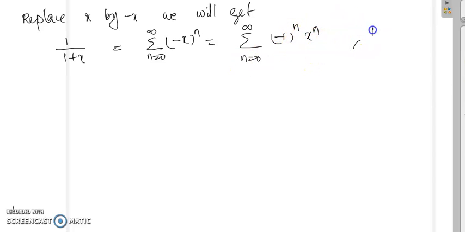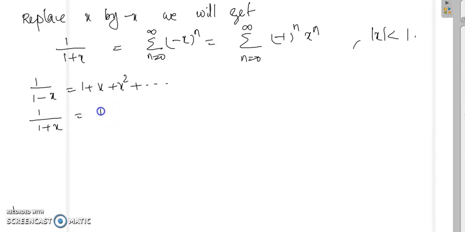Similarly, this also will converge when mod x is less than 1. Now we have 1 by 1 minus x, that is 1 plus x plus x square plus etc., and 1 by 1 plus x is 1 minus x plus x square minus x cube plus etc.